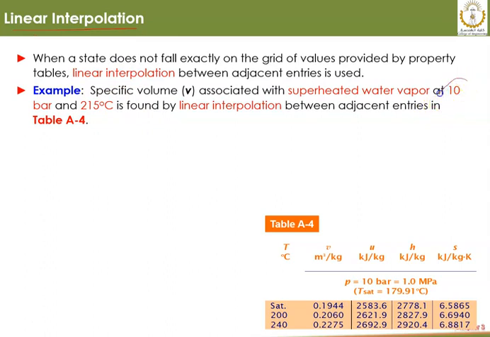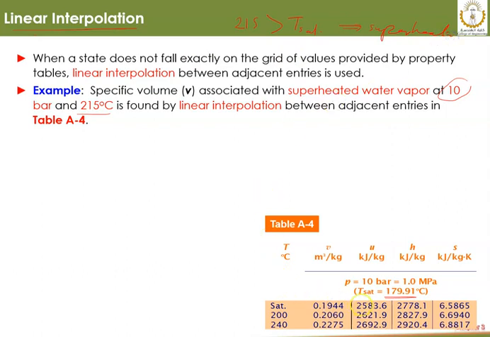Here, for example, we have an example where the pressure is 10 bar and the temperature is 215. At 10 bar the saturation temperature is 179.9, but our temperature is 215. So 215 is larger than T sat at that pressure. Therefore, this is superheated.